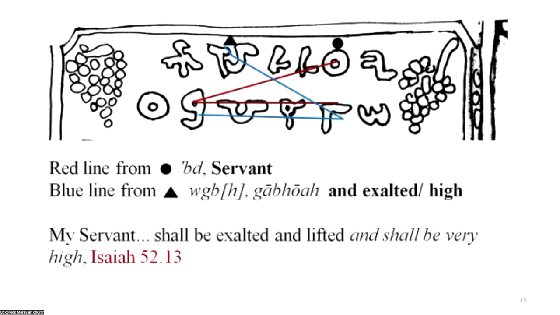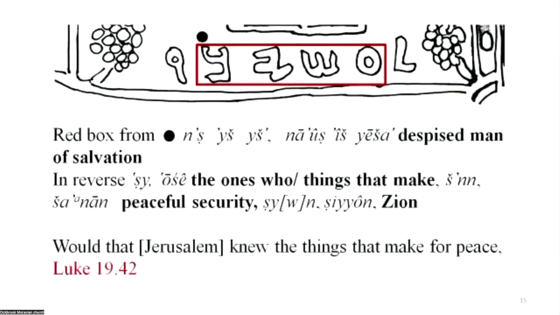So this is the servant when he goes up to heaven and he's transformed and he comes back and he's no longer just human. Now, at the bottom, the red box, now these 6 letters tell us many things about the state of the earth.